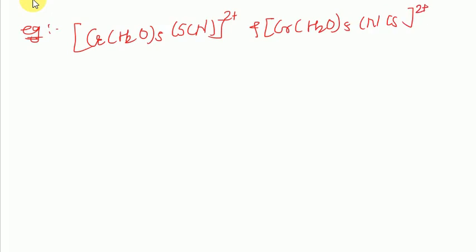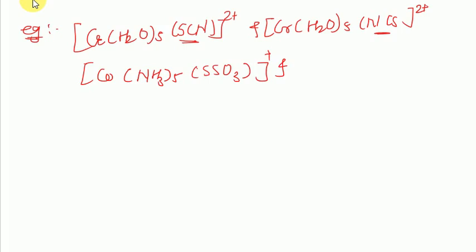So thiocyanate and isothiocyanate are linkage isomers. Then a second example is cobalt NH3 5 SO3 plus and the sulfate, cobalt NH3 5 OSO2 plus charge.